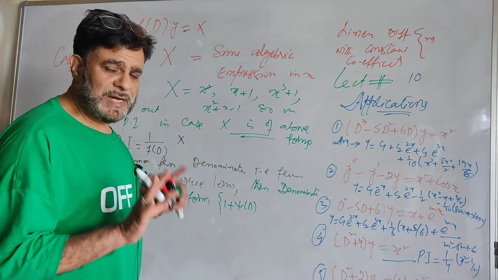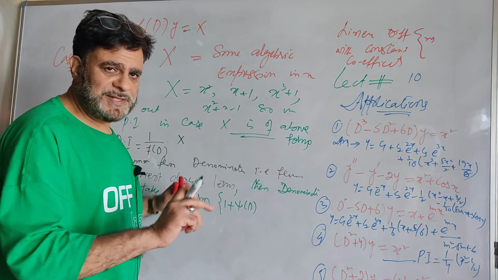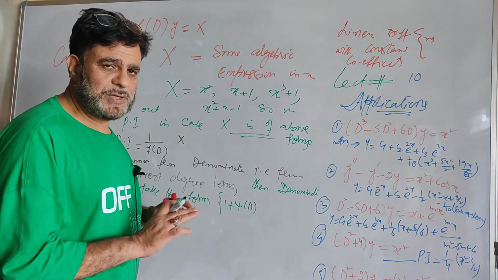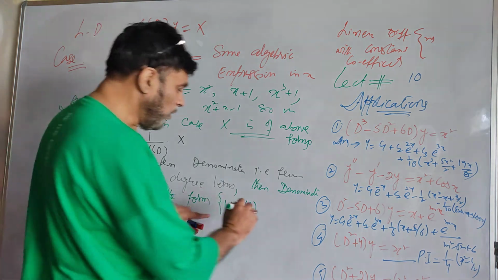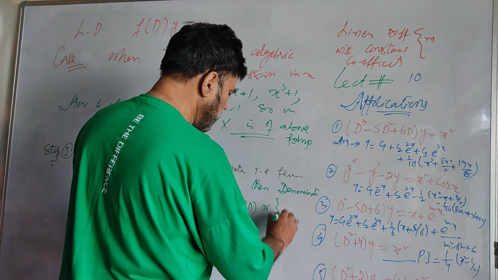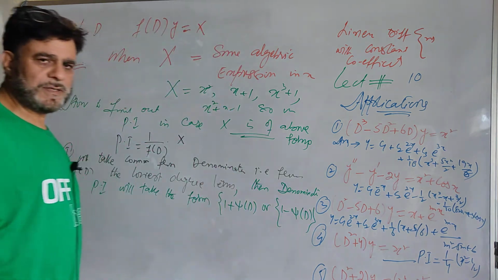Our aim is to have 1 first in the denominator, when it has the expression in D, to have denominator 1. For that we take the lowest degree term common, or it can take the form 1 minus some function of D.